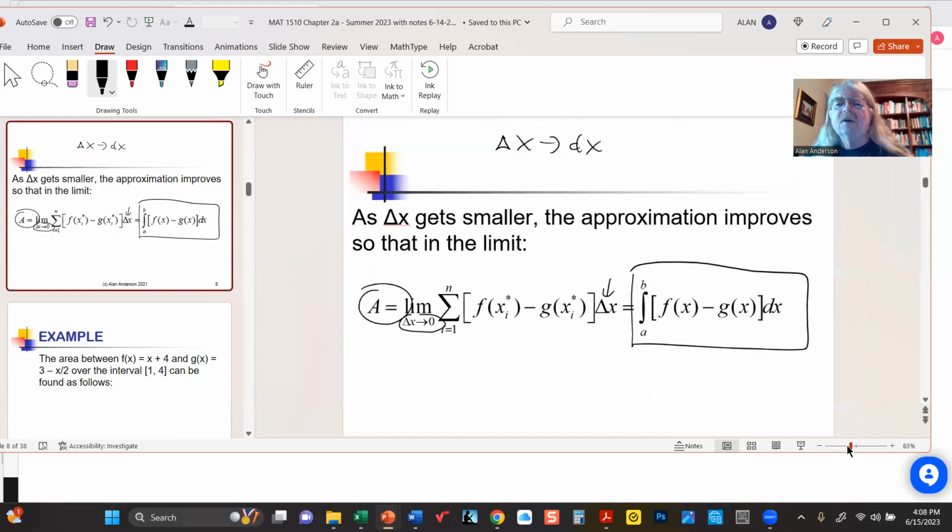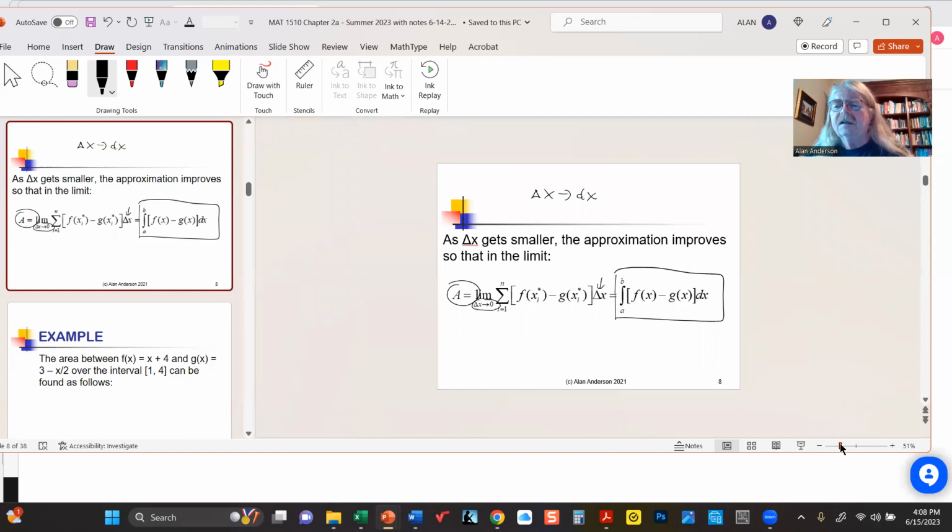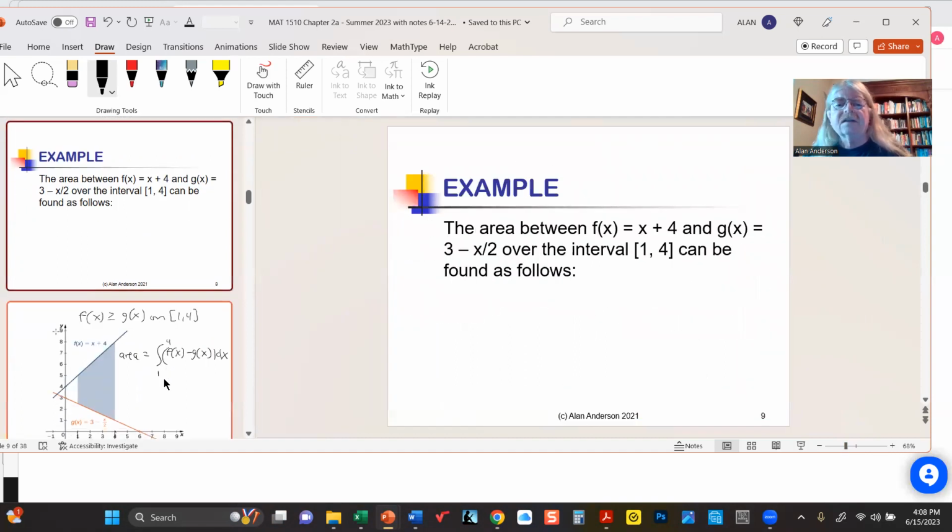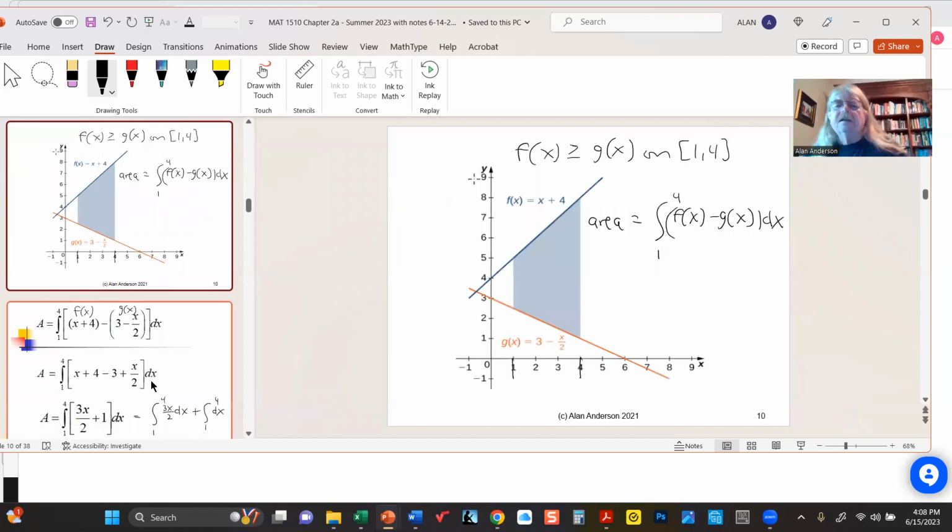All right, so let's do one of these. It sounds a lot more complicated than it really is. Okay, so for example, let's take a look at this case. We've got two functions, which are both straight lines. And we'll see a graph of this in the next slide. We're interested in the area between the two lines over the interval 1 to 4. And this is what it looks like. Now, it's clear from the graph that over this interval 1 to 4, f of x is always greater than g of x.